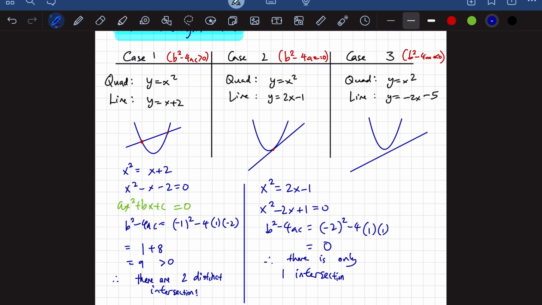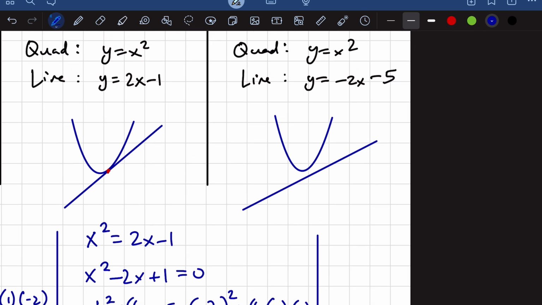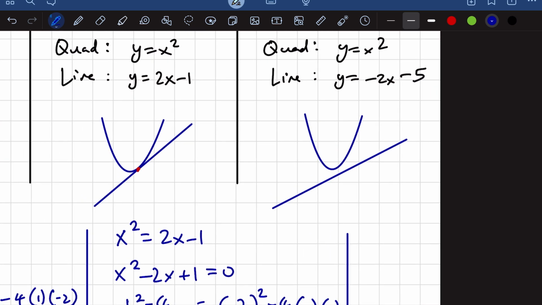Now, in the last case, we will look at the no intersection situation. We do expect our discriminant to be less than 0. Let's do a quick check. x squared equals negative 2x minus 5, so x squared plus 2x plus 5 equals 0.